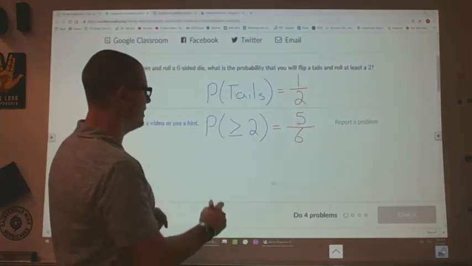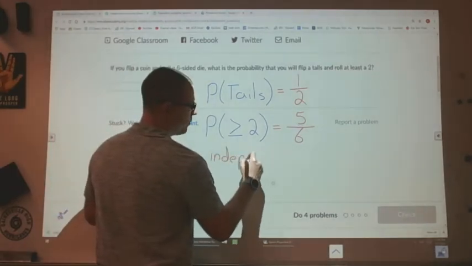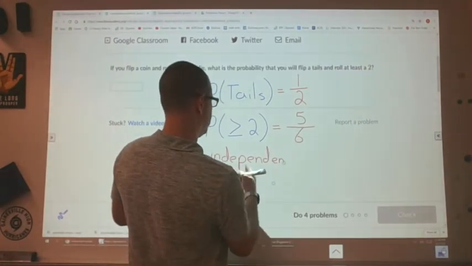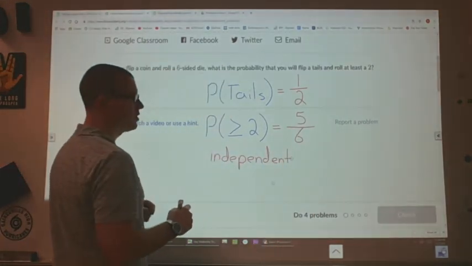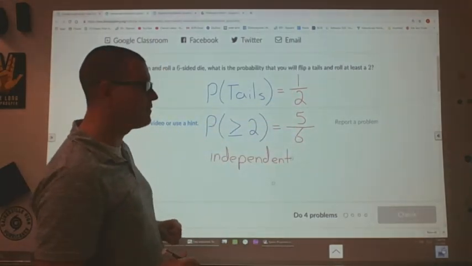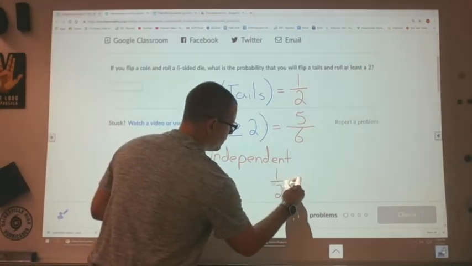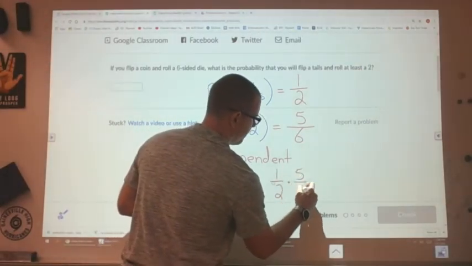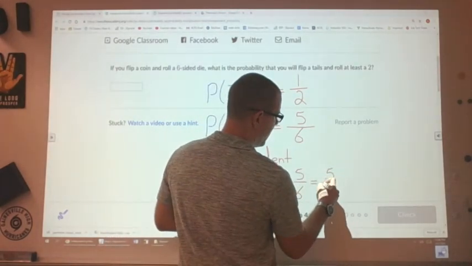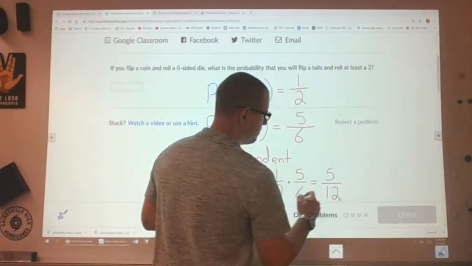Since these are independent, I know that the probability of both of these occurring is just the product of these probabilities. 1/2 times 5 over 6, and that would be 5 multiplying top to top over 12 multiplying bottom to bottom.